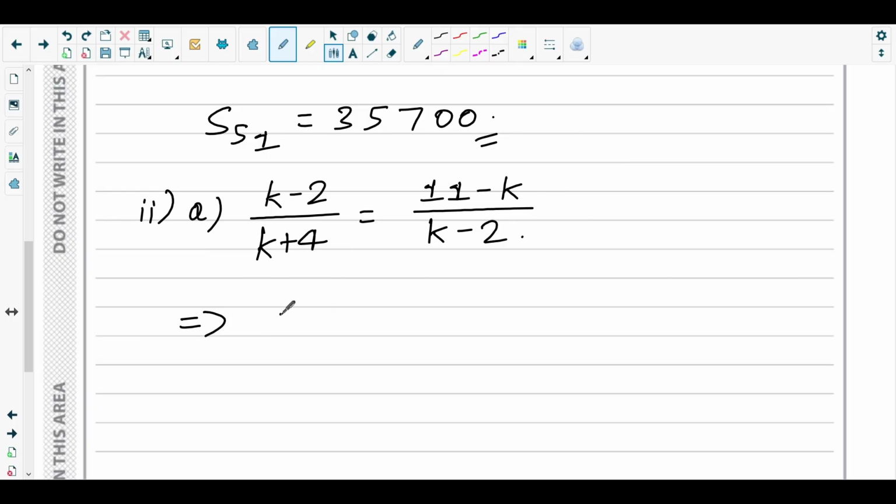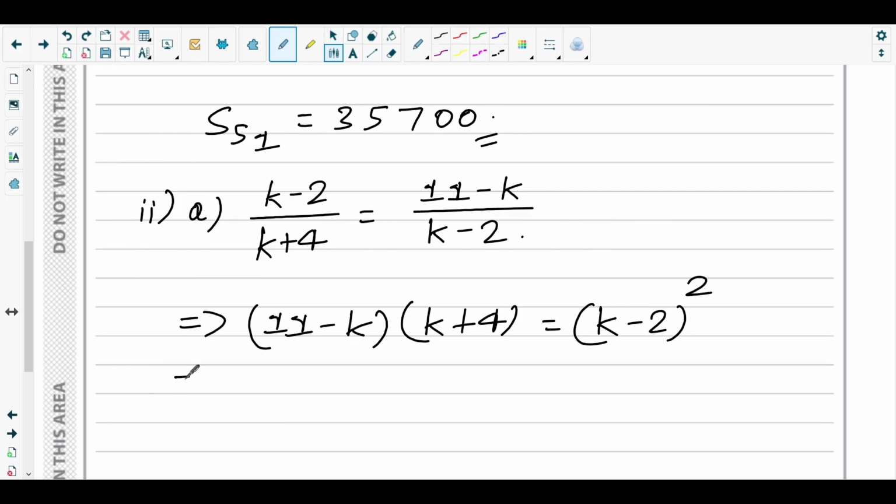Now cross multiply. If you do cross multiplication, 11 minus k times k plus 4 equals k minus 2 times k minus 2, which is k minus 2 whole squared. Now multiply. You will get 11k plus 4 times 11, which is 44, and then negative k times k, which is negative k squared, and then negative k times 4, which is negative 4k.